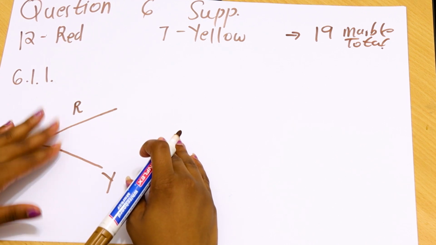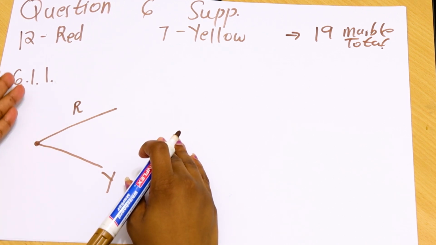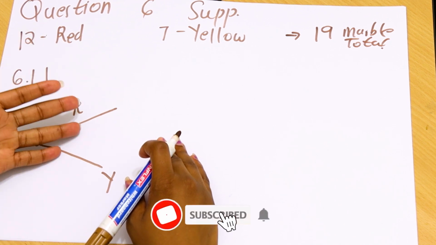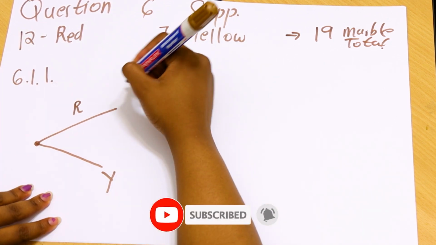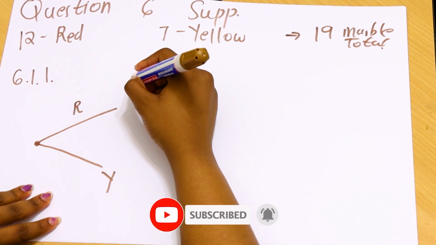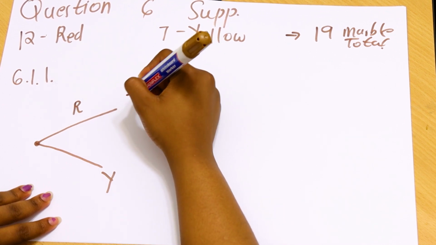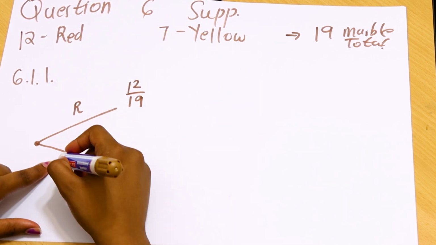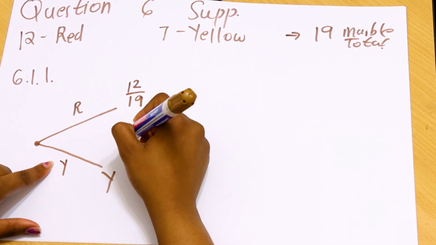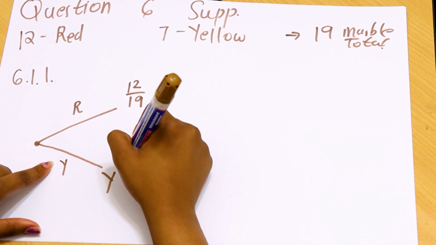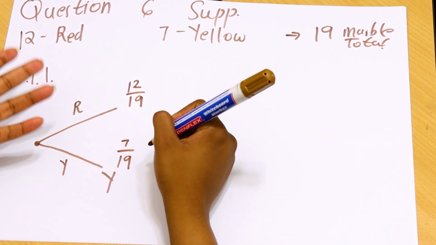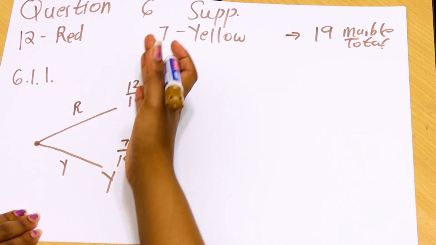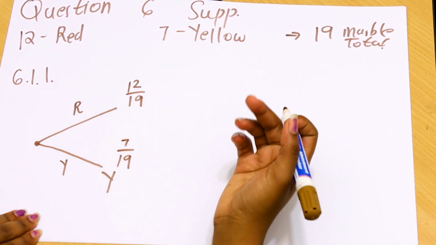It means the probability of you having red is going to be 12 over 19. Why? Because you have 12 out of the 19 marbles total. So the probability of you finding red for the first time would be 12 all over 19. And the probability of you getting a yellow marble would be 7 over 19. Right? Because you have 7 marbles all over 19. That would be the probabilities on the first round when you are selecting the first marble.